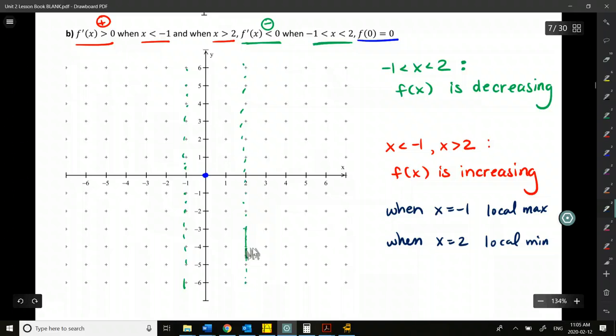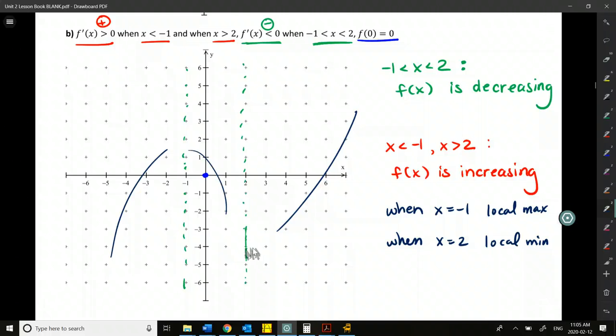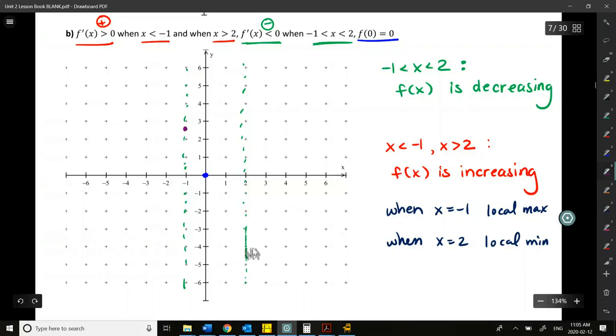So here's what we need to do. We need to make sure that our graph has some local min and local max points. It needs to go through this area right here, and it needs to be increasing here and decreasing somewhere in here. This looks like it's shaping out to be a cubic. I don't know where the local max is, so I'm just going to plot it somewhere, maybe here. The graph is increasing, and then it starts decreasing, and then I have some local min.